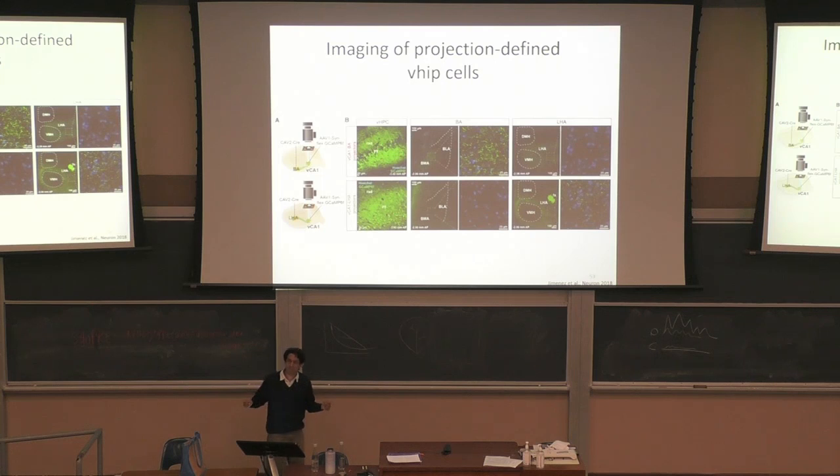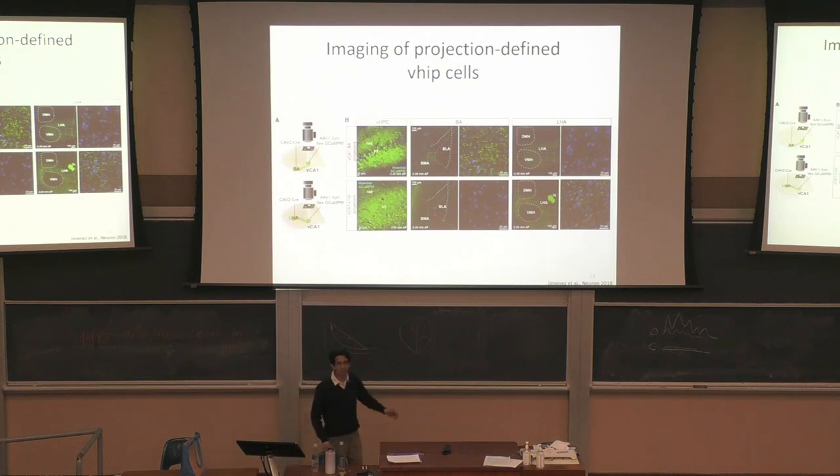And then you inject a second virus, which is this AAV1 GCaMP, but the little flex before the GCaMP indicates that the GCaMP will only be produced in the presence of Cre recombinase. So you're injecting this virus in the hippocampus that will only express the calcium indicator GCaMP in the presence of Cre recombinase. And who has Cre recombinase? The cells that project to amygdala.